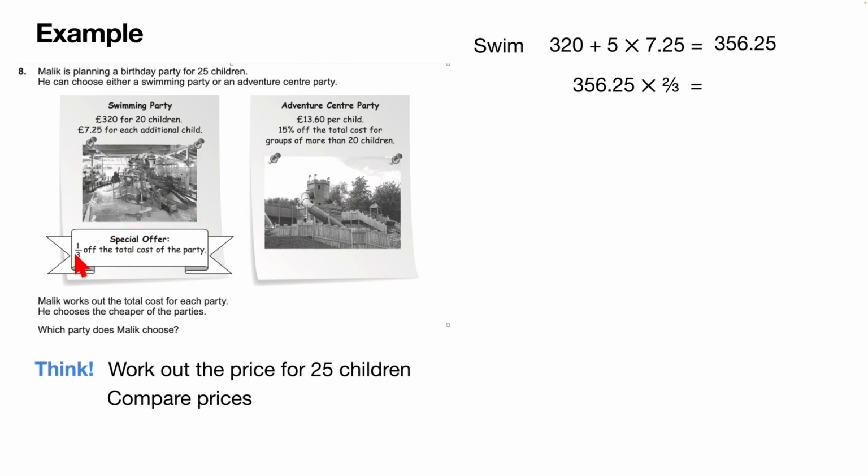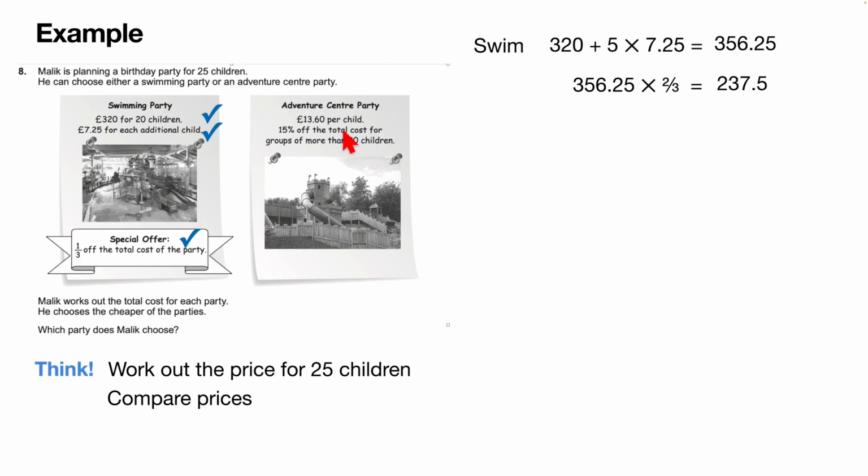A third off, which means I have 2/3 to pay. So it's 356.25 times 2 divided by 3, 237.5. Okay. So I've got all 3 elements, nothing else on that piece of paper. Good, I've taken care of everything.